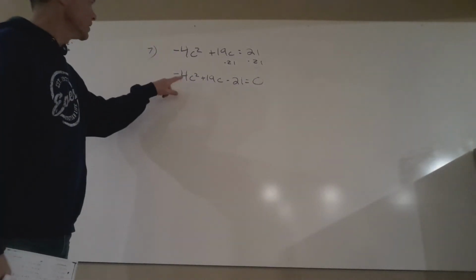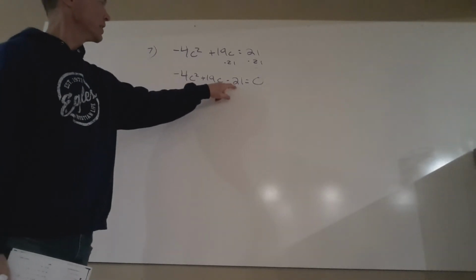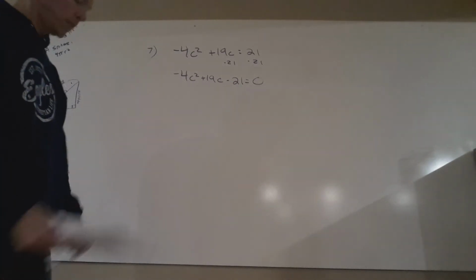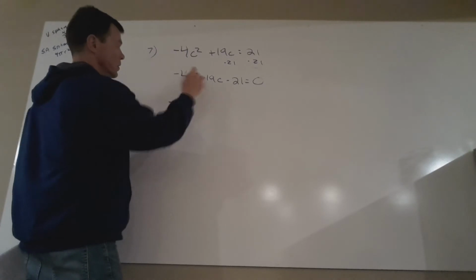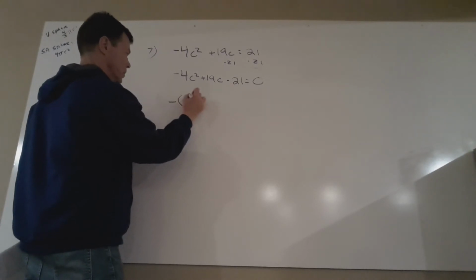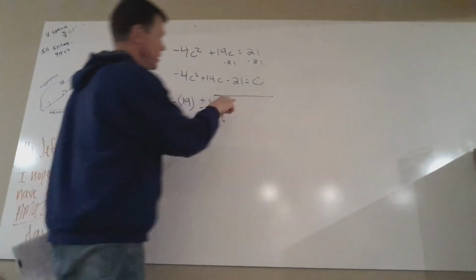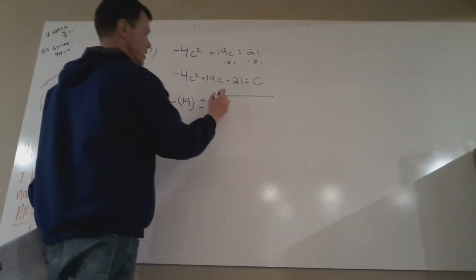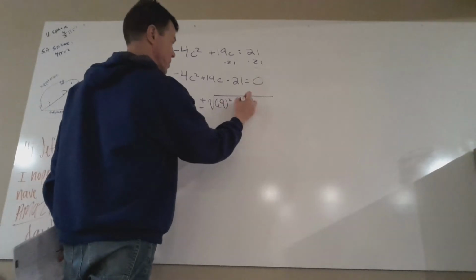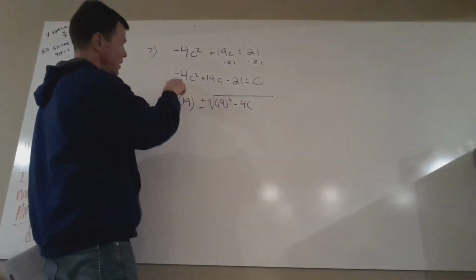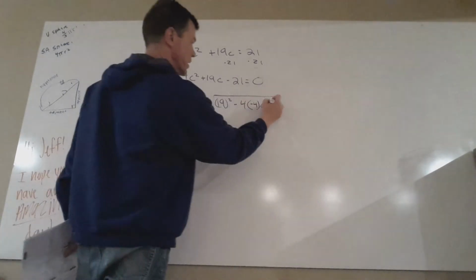So your A is negative 4, your B is 19, your C is negative 21. Using the quadratic formula, negative B plus or minus the square root of B squared minus 4AC, so 19 squared minus 4 times A, A is negative 4, C is negative 21.